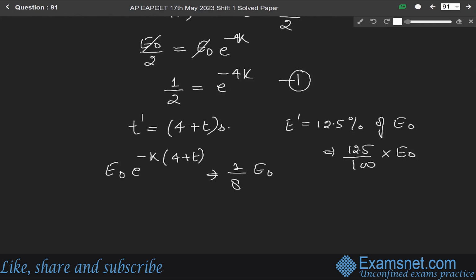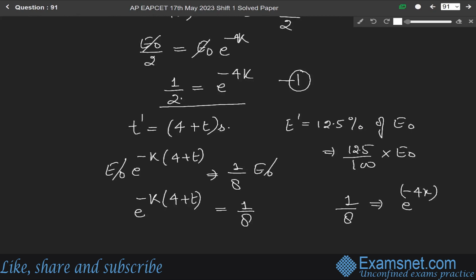So this E naught cancels. We can write e to the power minus k(4 plus t) equals 1 by 8. And since e to the power minus 4k is 1 by 2, from equation 1, 1 by 8 equals e to the power minus 4k whole cube.